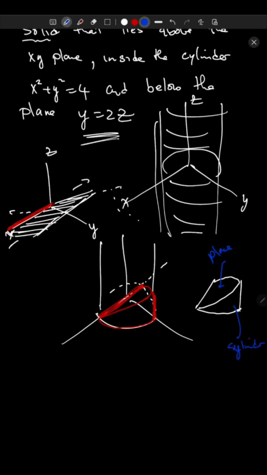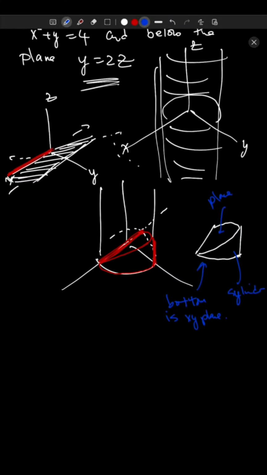And the bottom of this is the xy plane. Okay. So those are all the boundary surfaces of our solid. Okay. So this is the kind of information that you want when we need to set up the integral.